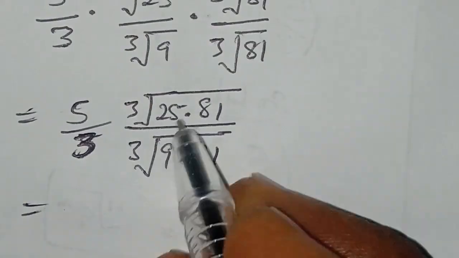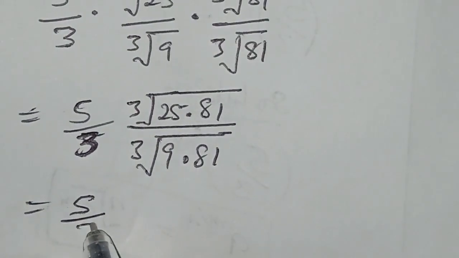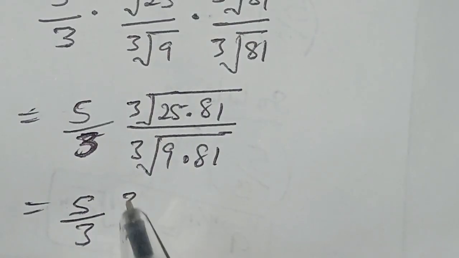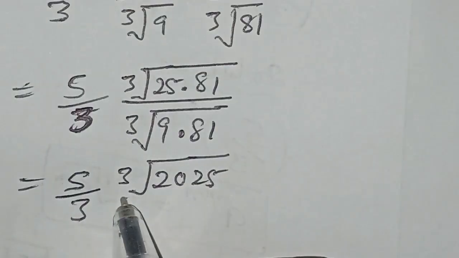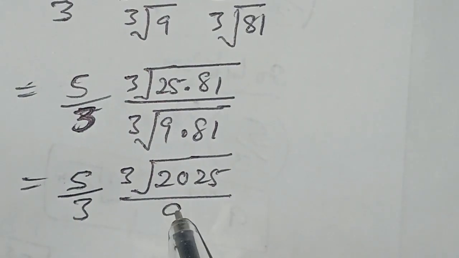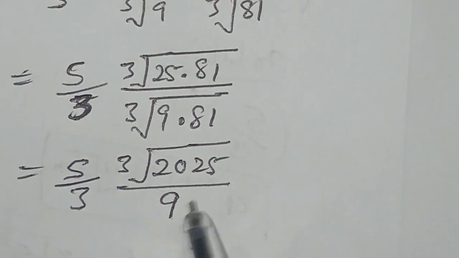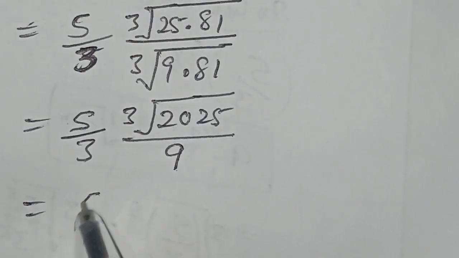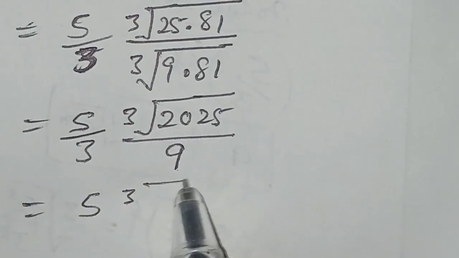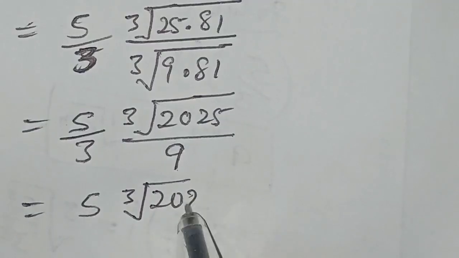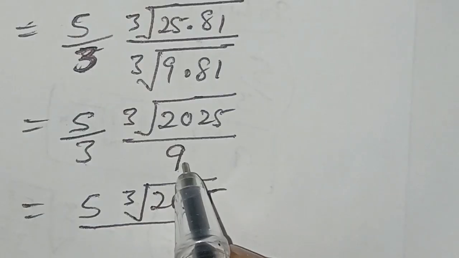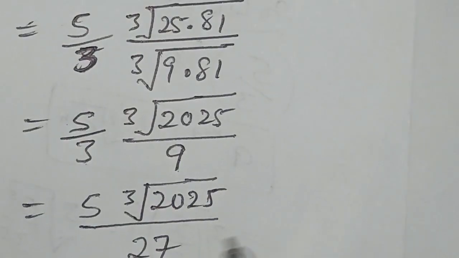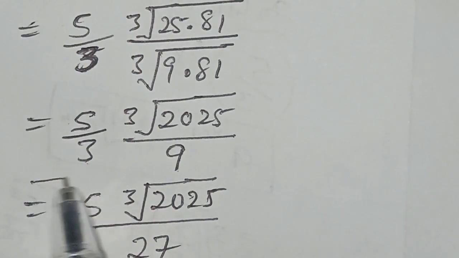So the resulting answer gives us 5 over 3 cube root of 2025 over 9. This can now be expressed as 5 cube root of 2025 over 3 multiplied by 9, which is 27. So this is another way to put our answer.